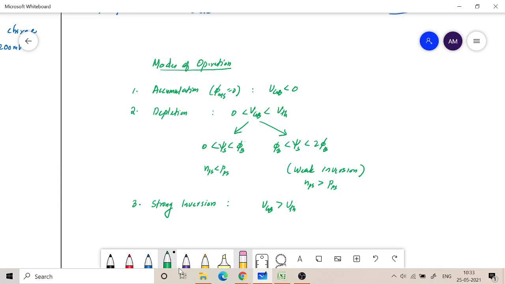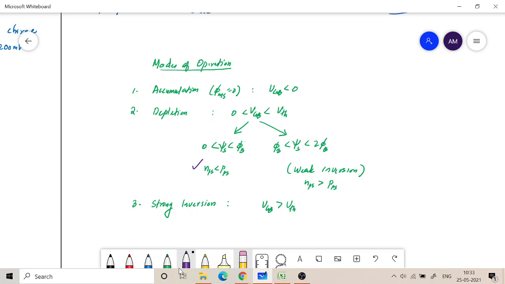In our problem, the two voltages that we considered, 100 millivolt and 200 millivolt, both satisfied this condition. So it was in the depletion region, but not in weak inversion. It has not yet become n-type near the interface, so holes are still the majority carriers.